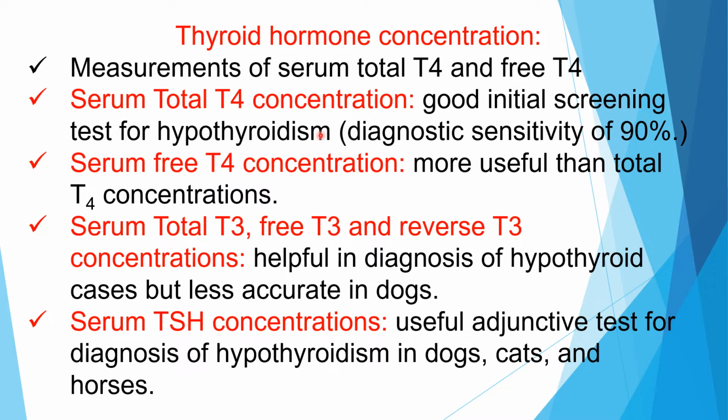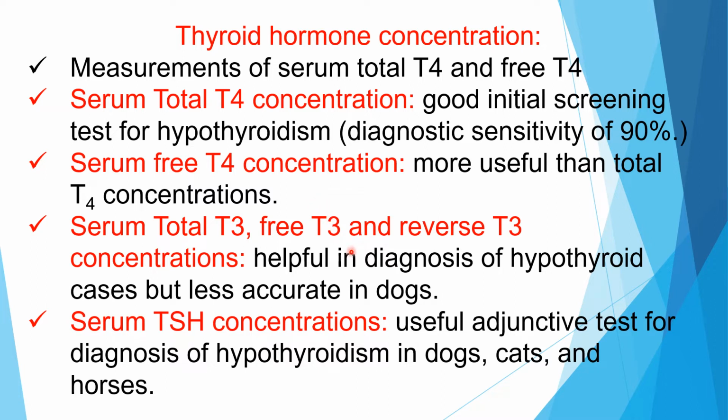Total serum T4 concentration is a good initial screening test for hypothyroidism, and its diagnostic sensitivity is high, up to 90%. So this is an important screening test for hypothyroidism. Serum free T4 concentration is more useful than total T4 concentration.